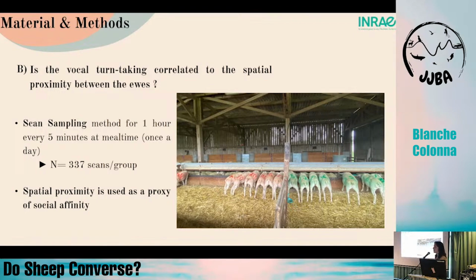Because if there are some preferences between individuals, that could show some social affinity, could we link it to vocal turn-taking, where they could also have some preferences for interlocutors between the ewes? So what did we find?